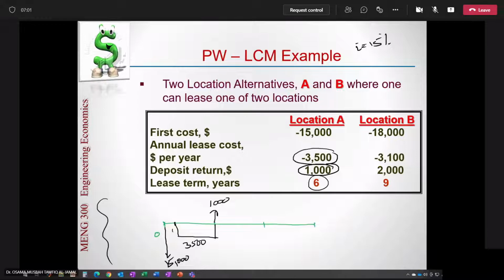What do we have in that second cycle? We have first cost. Where to show that first cost? Where to show the first cost, guys?